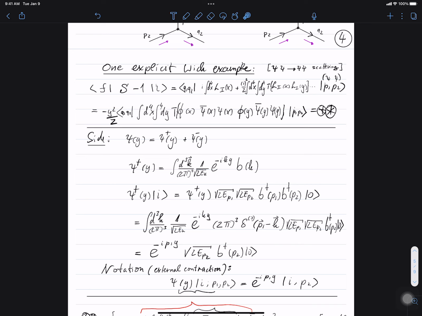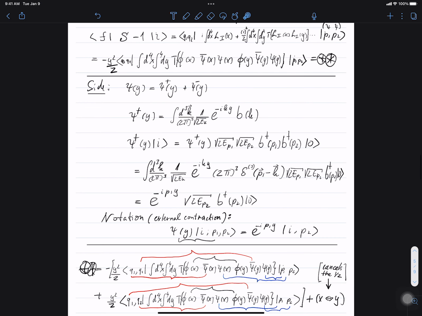But this 2 will be cancelled later by a symmetry factor. Never mind, we have this diagram. We insert just the definitions of the interaction Lagrangian, phi multiplying psi bar psi, and we have the 2 integrals here.